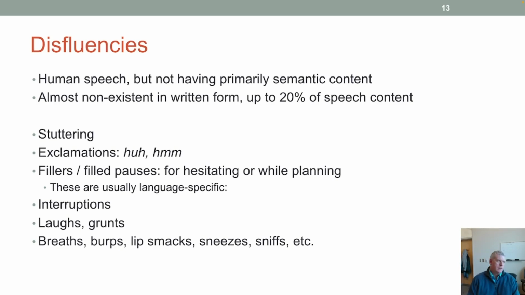In Spanish, it's often este or e that is used. In Danish, I understand it's the front mid vowel. Those are very much a part of speech, right? And so you need to be aware of that and make decisions on how much of that type of stuff to transcribe, and also be aware of those disfluencies when creating automated speech recognition models.